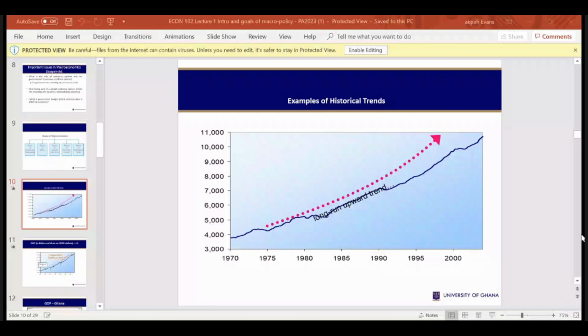So those who have done a bit of Econs in the SHS, okay, we call something OMO, open market operation, where Bank of Ghana will be selling bonds out to what? The public. When Bank of Ghana is selling out bonds, what it means is that it is taking excess money from the system. If you have excess money, you want to buy a bond from Bank of Ghana that will yield an interest in the near future.